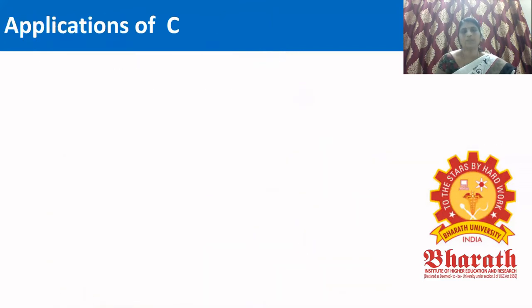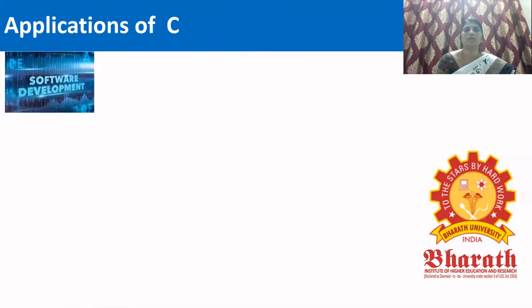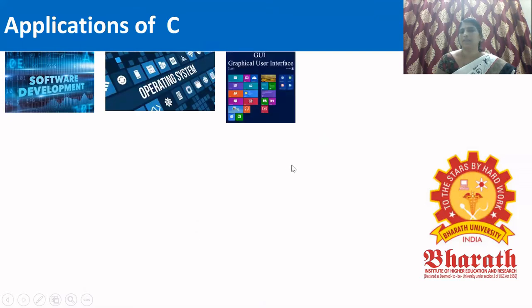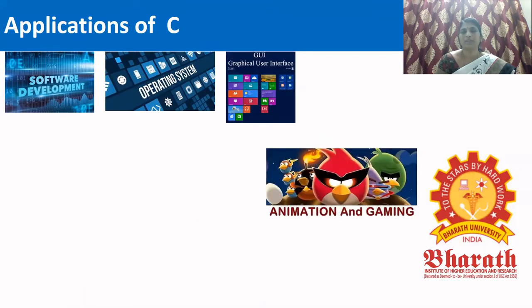Now the applications of C language: why we need to know about C language and what its important applications are. First comes software development. Second, operating systems. Third, graphical user interfaces.